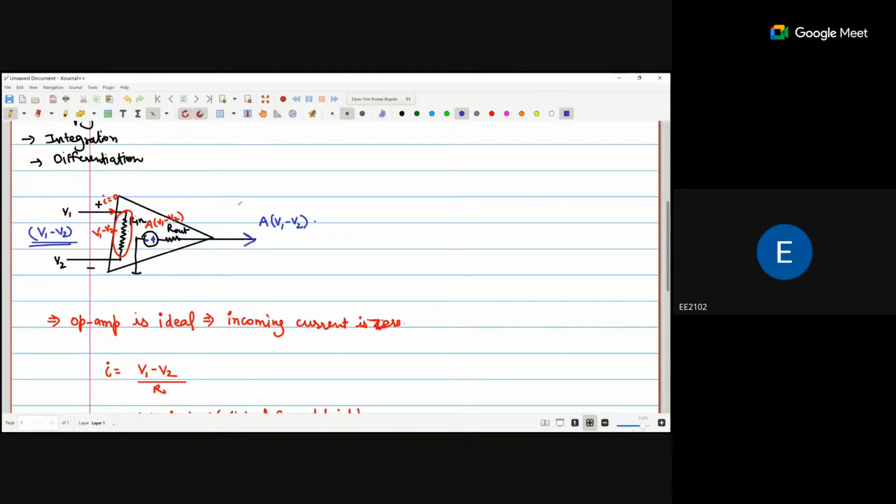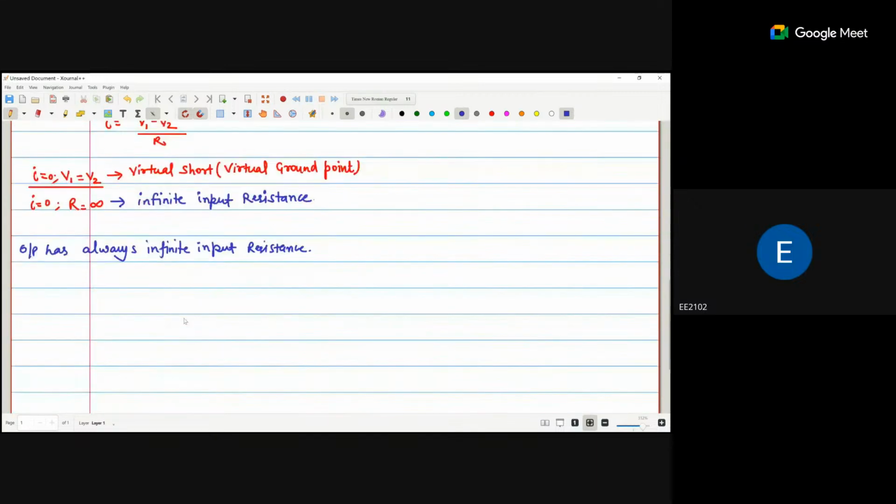That means the voltage drop across this one is almost zero. If there is a voltage drop at R out, the output voltage is A times (V1 minus V2) minus V across R out. That is the output voltage. So we have to eliminate this term V R out.